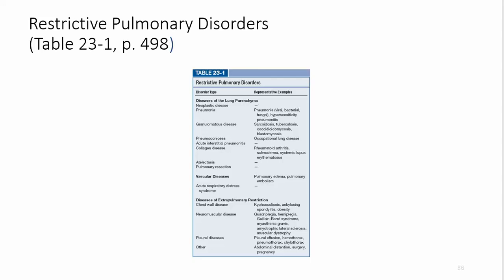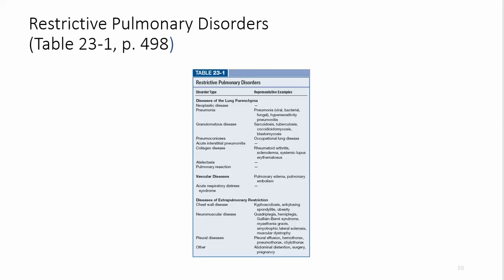So in the previous video, we were talking about the obstructive pulmonary disorders. Now we're going to talk about the restrictive pulmonary disorders. I started it in the last video, and I will continue it now. Now, the fundamental difference between the obstructive lung diseases and the restrictive lung diseases is that the obstructive lung diseases are the ones that make it hard to get air out of the lungs.